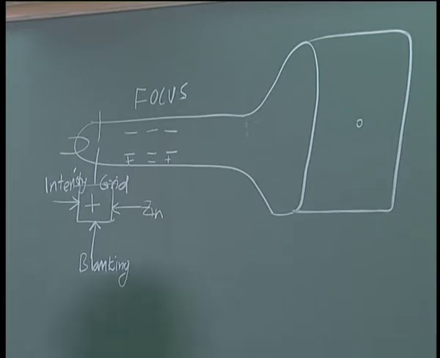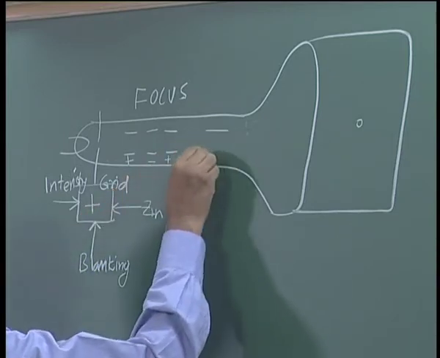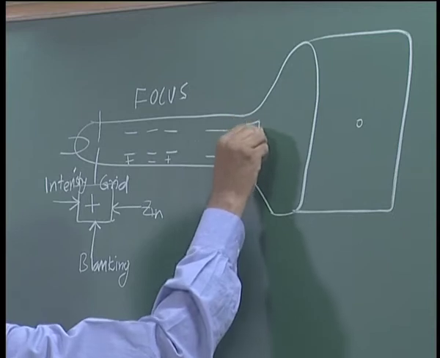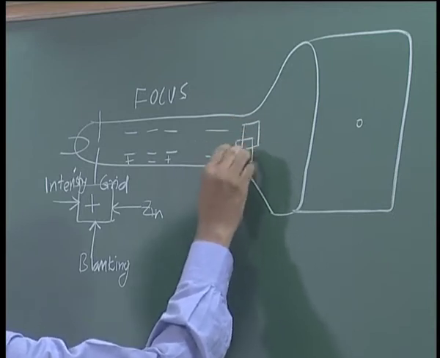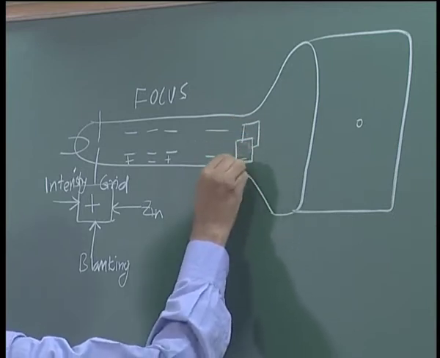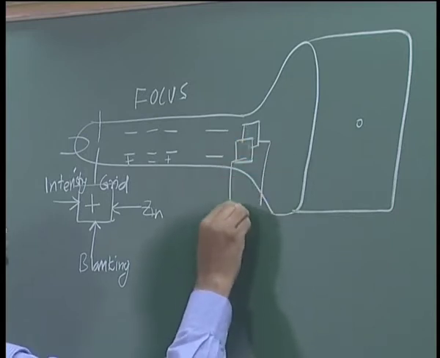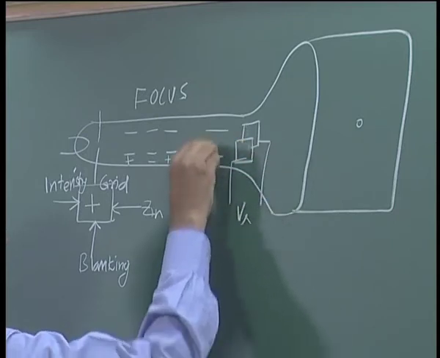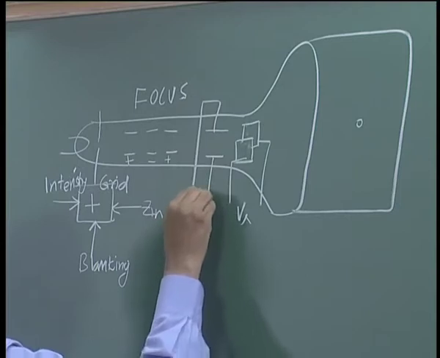Then we have the two deflection plates, the vertical deflection plate and the horizontal deflection plate. So this is Vx, this is Vy.